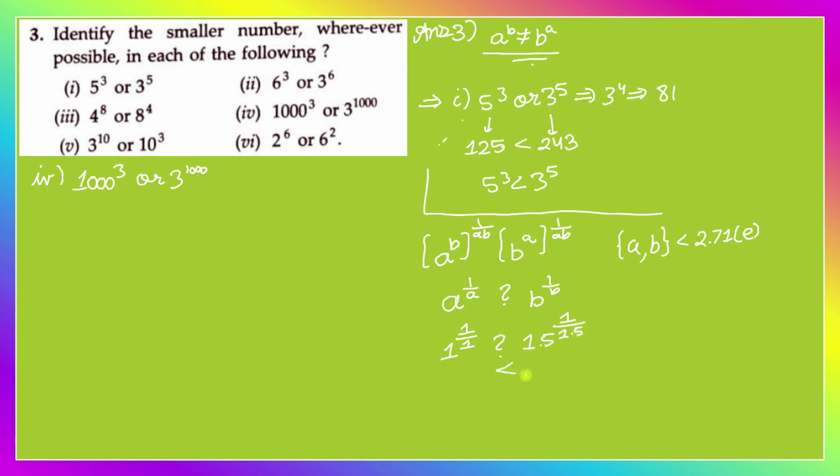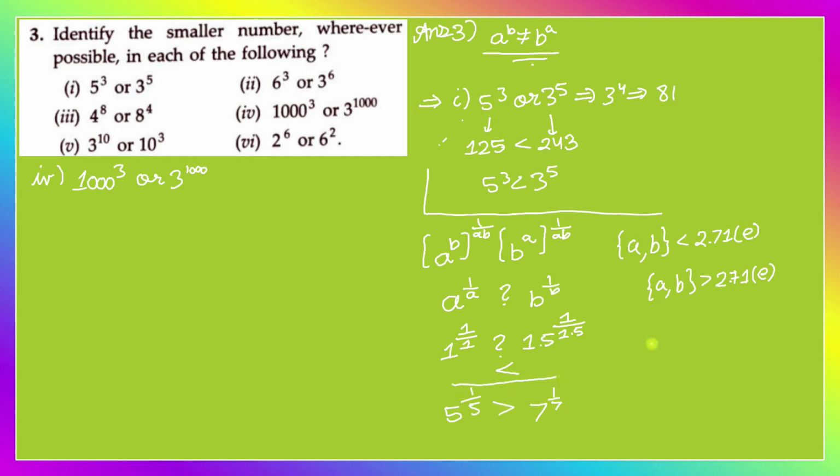In this case, this would be greater. But suppose both of the numbers, a and b, are greater than e, that is 2.71. Then the greater value will be smaller. For example, 5 to the power of 1 upon 5 and 7 to the power of 1 upon 7, here 5 to the power of 1 upon 5 would be greater.